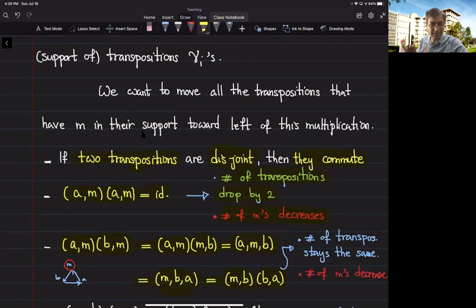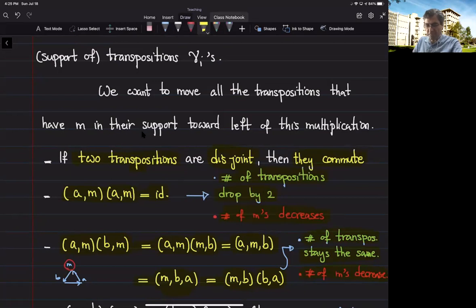Still M, A, and B are the only ones that appear in the support of this and the initial one, but the number of appearance of M decreases by 1. The number of transpositions stays the same. So through this step, the number of appearance of M decreases, even though the number of transpositions did not change at all, and we did not add anything to the support of these transpositions.